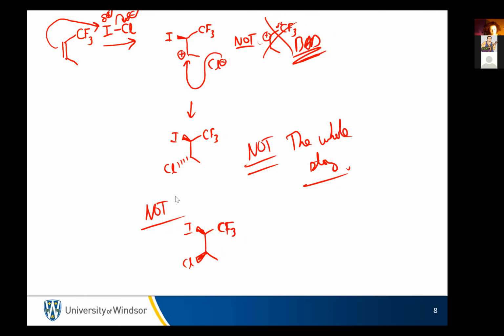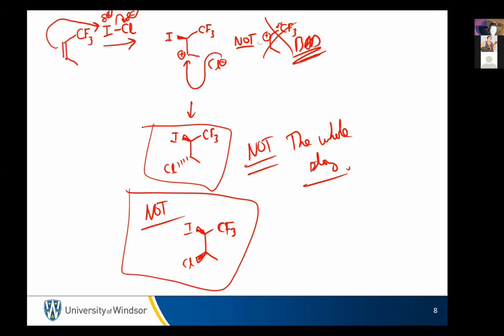So last class we ended by discussing this guy. We're saying we don't get this. We get this. If we add iodine chloride across a double bond, we discussed that we're looking at this kind of thing. It's exactly like adding hydrogen chloride, sort of. You show the bond polarization.